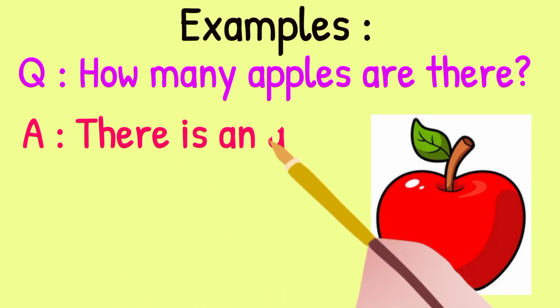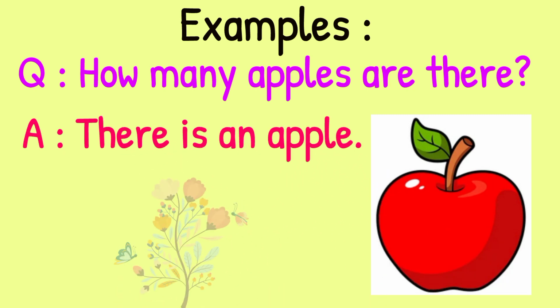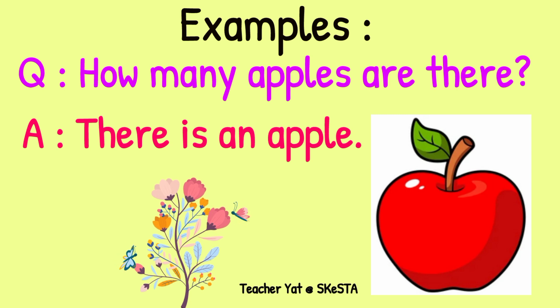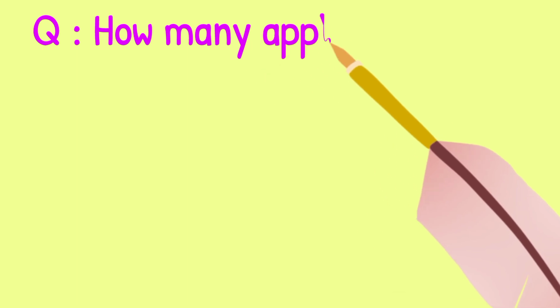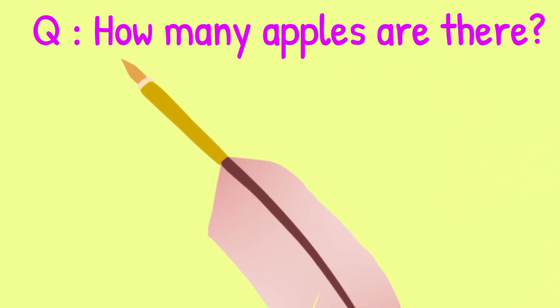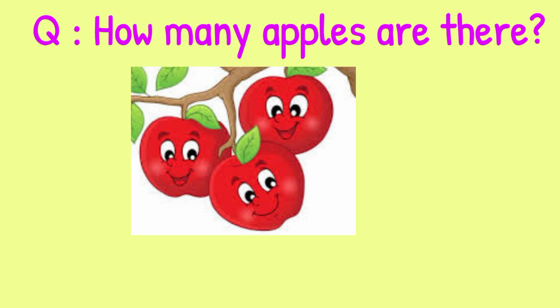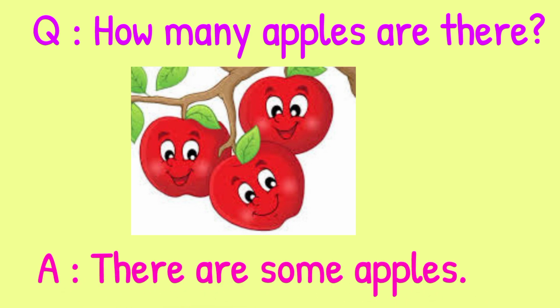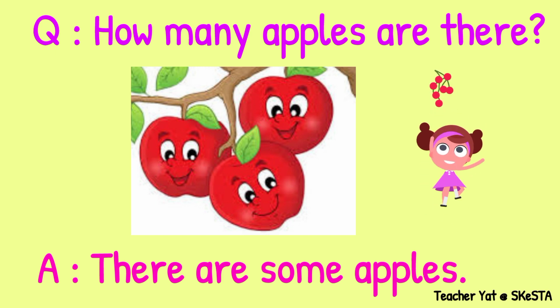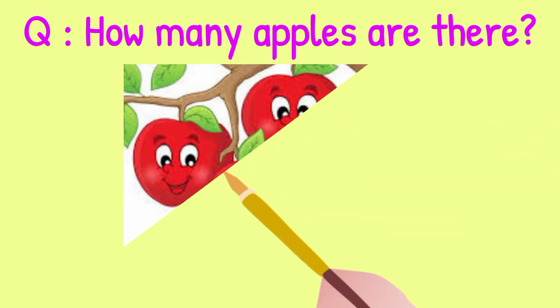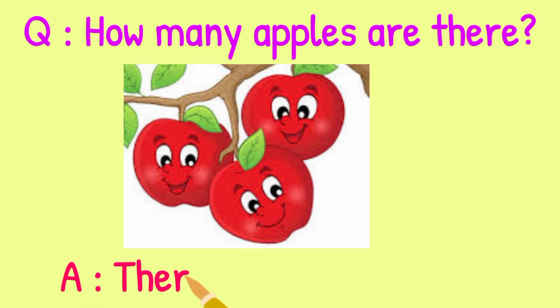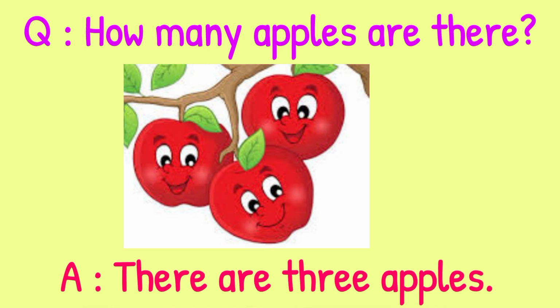If there's only one apple, your answer should be, there is an apple. But when there are more than one apple, you can say, there are some apples. You also can mention their numbers. For example, there are 3 apples.